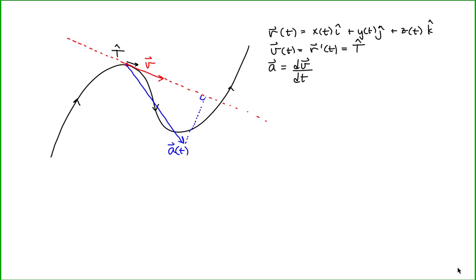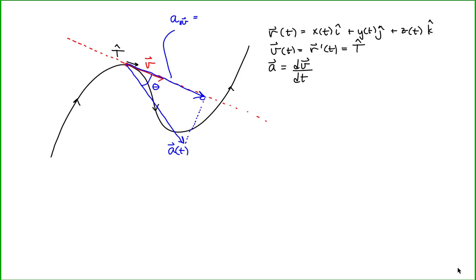If we then project our acceleration onto the line of velocity, we get a component of acceleration that is parallel to the line of velocity. This component, we call the scalar projection of the acceleration onto velocity. More simply, I'll just say the component of acceleration parallel to velocity.